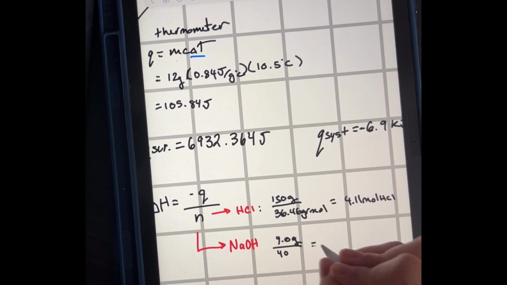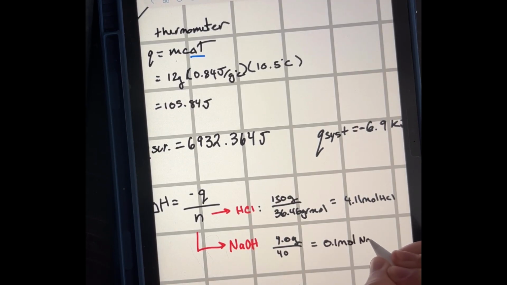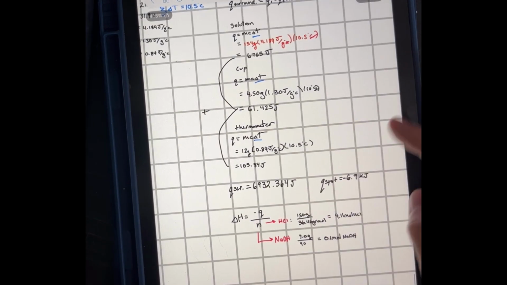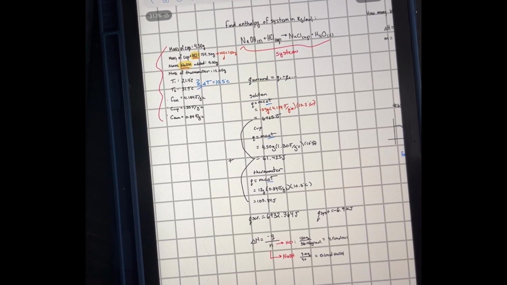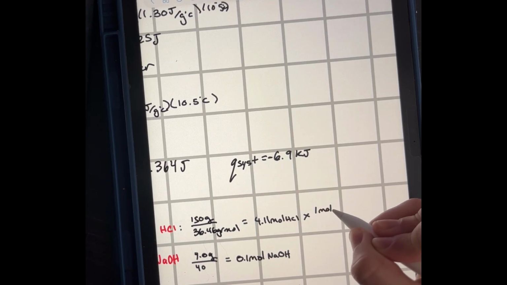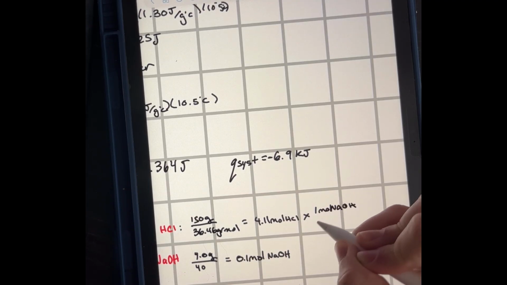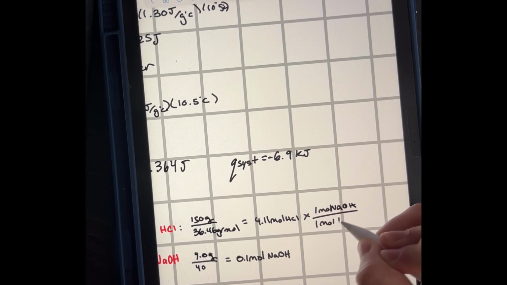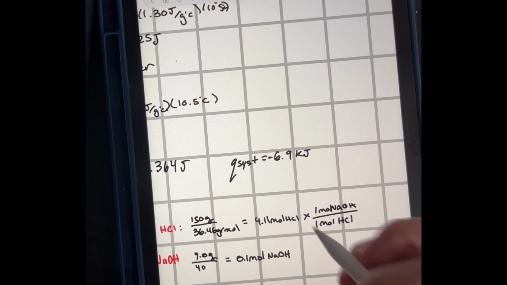So we get 0.1 moles NaOH. Obviously these are in different units, so we need to determine which one. NaOH and HCl, oh, okay. It's a 1-to-1 ratio, so it's gonna be the same thing. We're gonna multiply it by 1 mole NaOH over 1 mole HCl. Same thing though. So this is our limiting reactant.